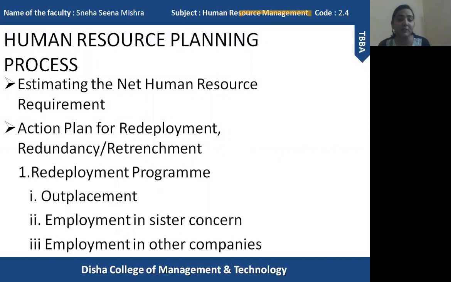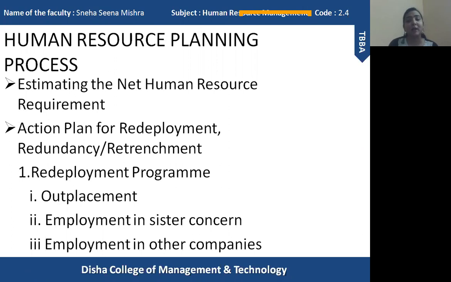So net human resource requirement means we have to find out the total number of people and what kind of people are required, determined in relation with the overall requirement of the human resource. That is, keeping in mind the demand forecast and supply forecast, on this particular future date we need these many people having these kinds of potentials and qualities.